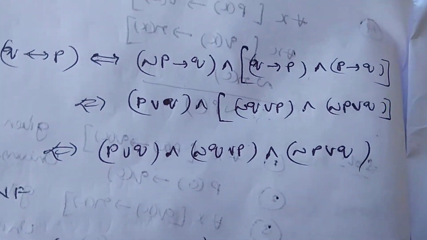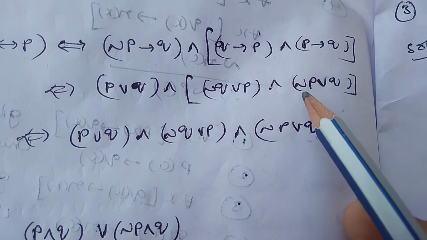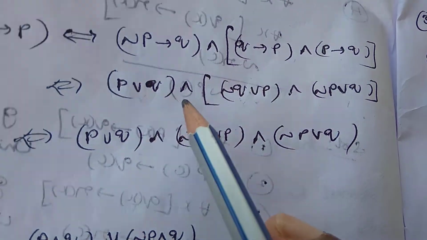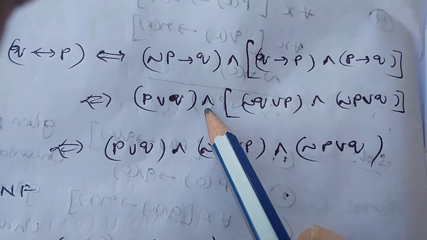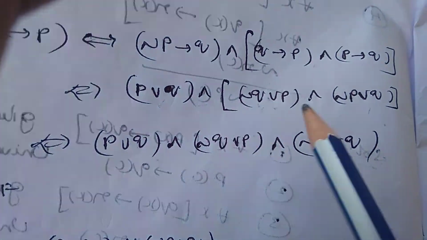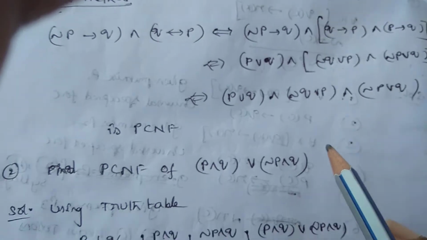Here it is not necessary, as the OR symbols are already in brackets, and outside the brackets the AND symbol is there, hence it is a PCNF form.